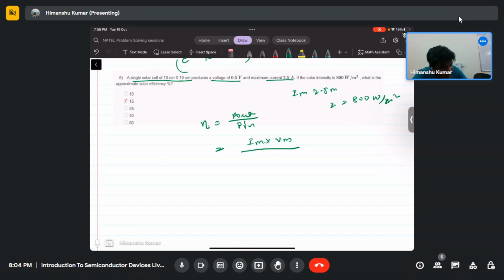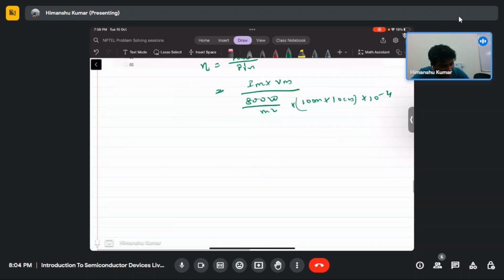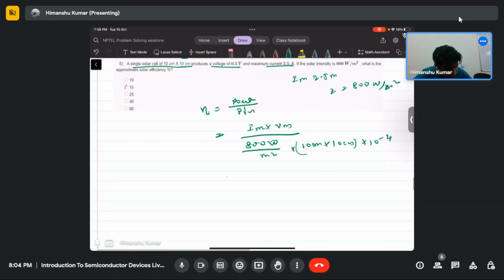Power in is provided as intensity, that is power per unit area, multiplied by the area, that is 10 centimeter multiplied by 10 centimeter. To convert that, we need to multiply by 10 power minus 4, because the intensity is given per meter square. So we need to convert this unit to meter, the MKS unit, the SI unit.